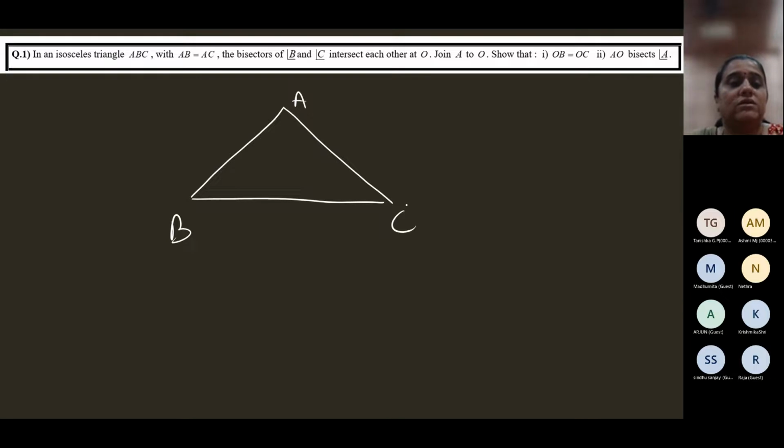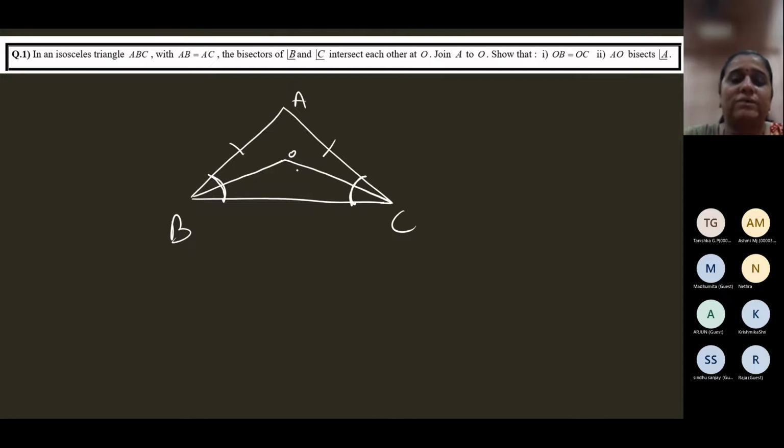Exercise 7.2. In an isosceles triangle ABC, with AB equal to AC, the bisectors of angle B and angle C. So this is angle B. Angle B is bisected. This is angle C. Angle C is bisected.